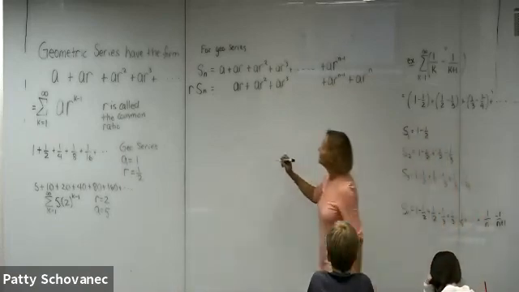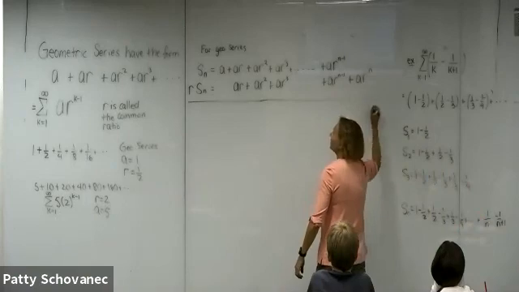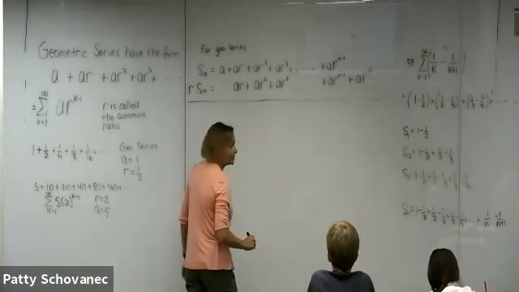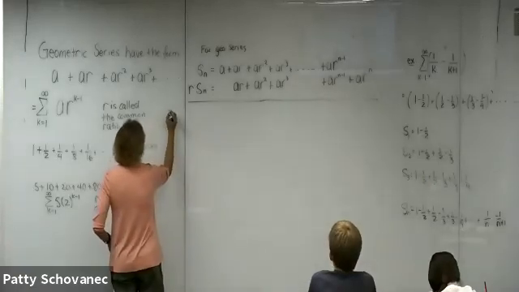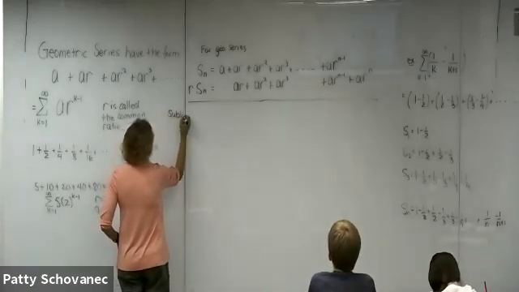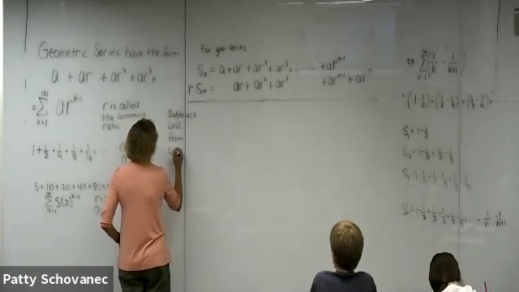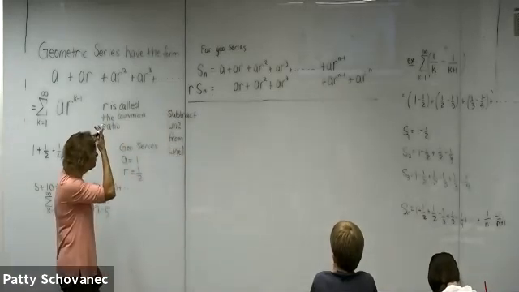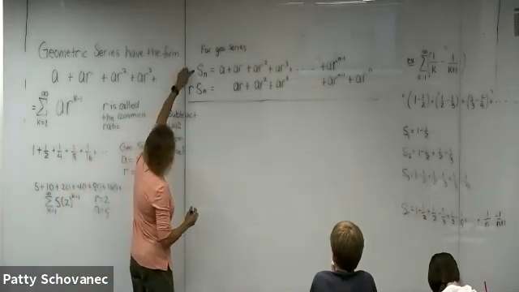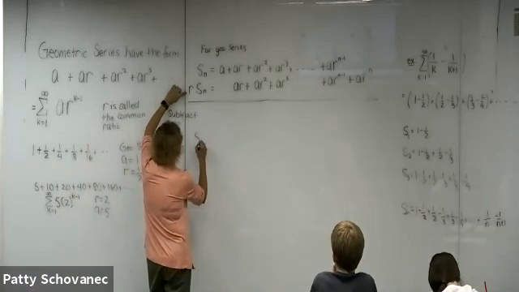And now I'm going to take the first equation and subtract the second equation. Subtract line 2 from line 1. And so when I do that, I'm going to have Sn minus R times Sn on the left side.